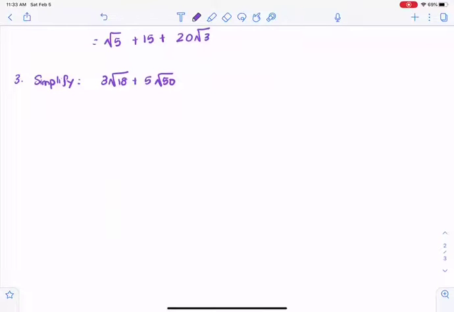We want to simplify 3 square root of 18 plus 5 square root of 50. So the first step is to split the number inside the root in terms of perfect squares. That is the key. We have to write it in terms of perfect squares. So the perfect square that is in 18 is 9, 9 times 2.